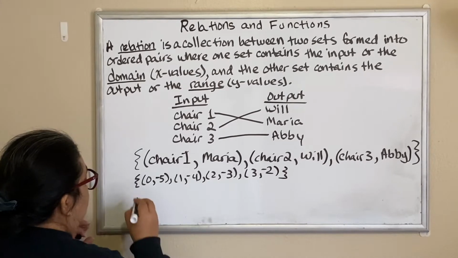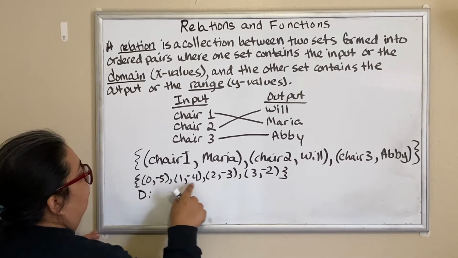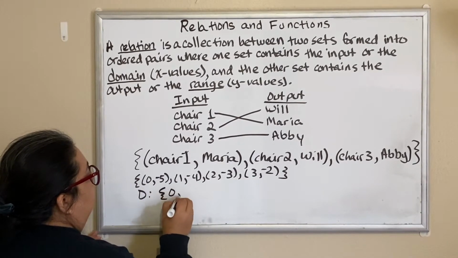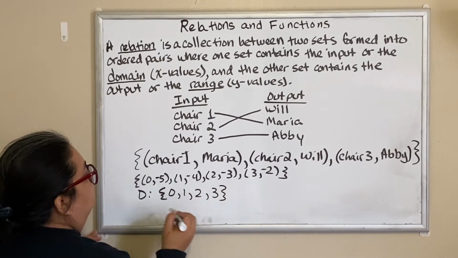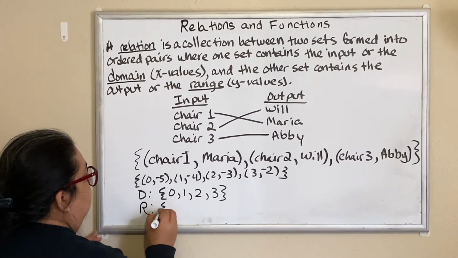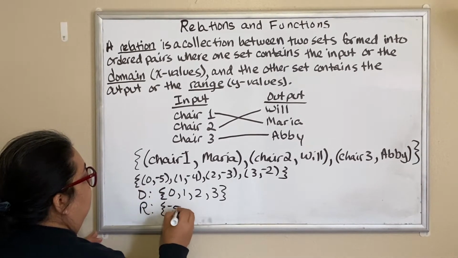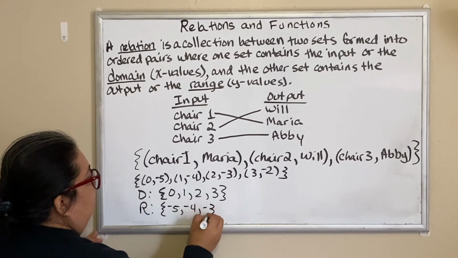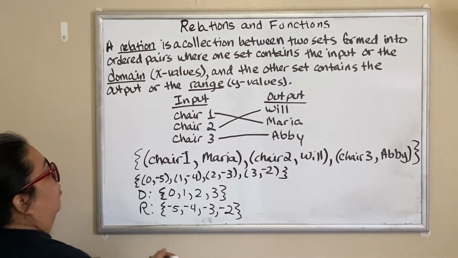My domain would be all my x values, 0, 1, 2, and 3. So I would put a set 0, 1, 2, 3. That's my domain, all the x values. And then my range would be my outputs, or my y values, -5, -4, -3, and -2. Those are my outputs or my range.